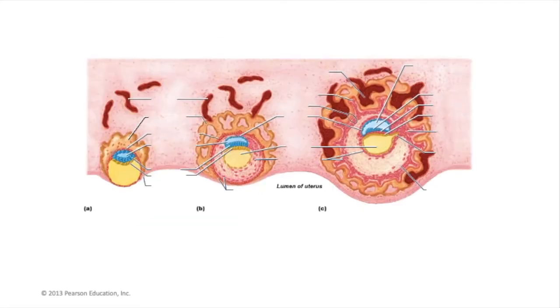So in this picture, those 3 main cell layers are seen here. The 3 germ layers are considered the ectoderm up here in blue, the mesoderm in the middle, sort of in orange, and then kind of this golden layer underneath, which is called the endoderm.